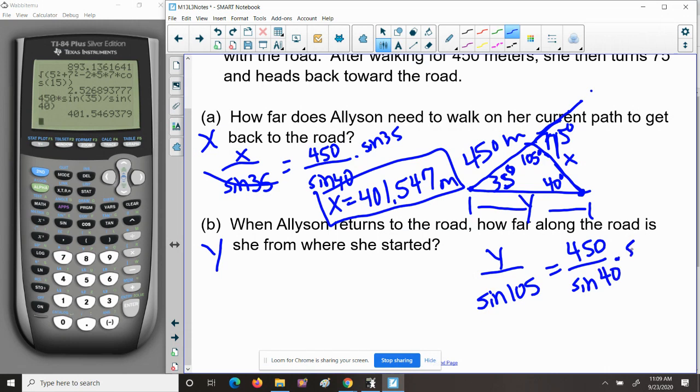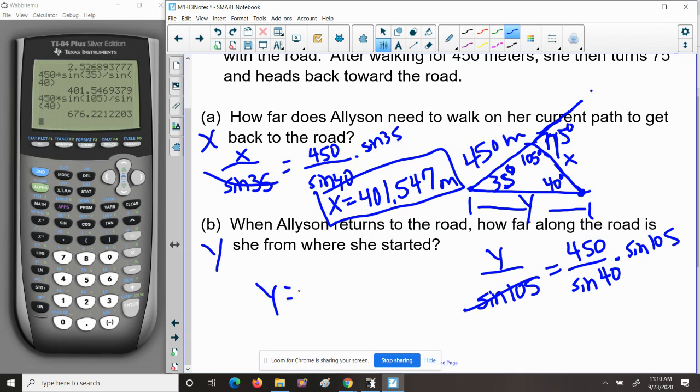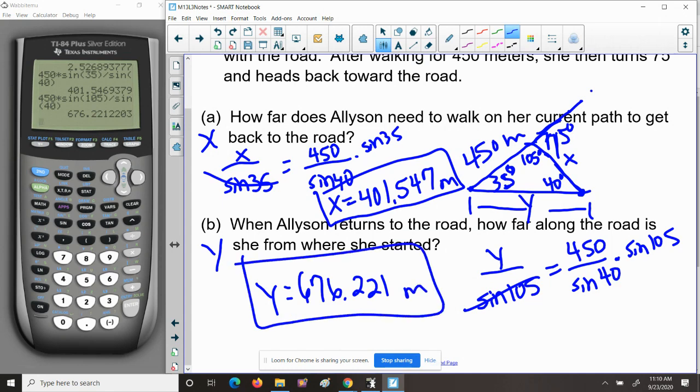If we multiply by sine of 105 to cancel here, let's go do that in our calculator. 450 times the sine of 105, divided by the sine of 40. And now we know that she ends up 676.221 meters further down the road from when she left the road to begin with.